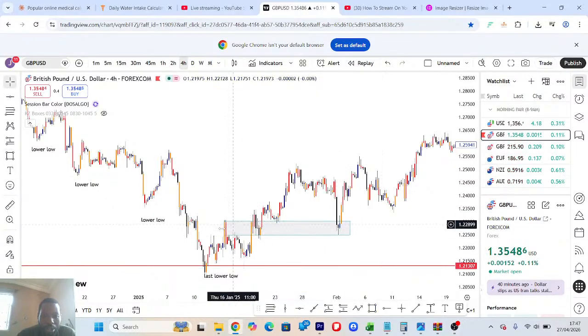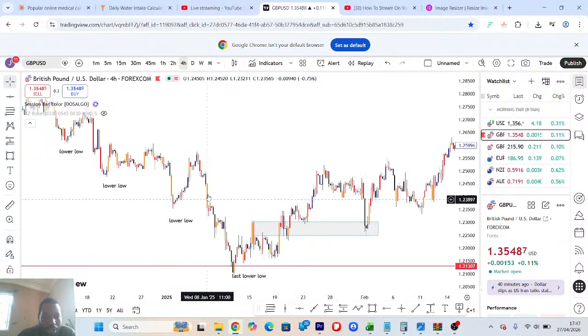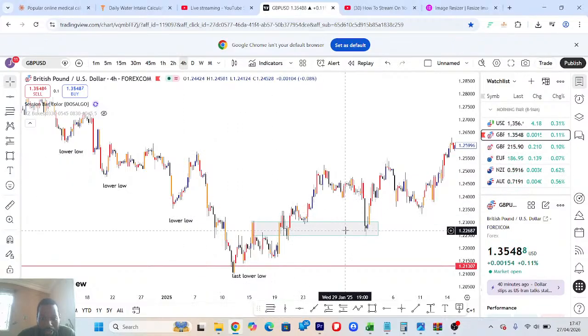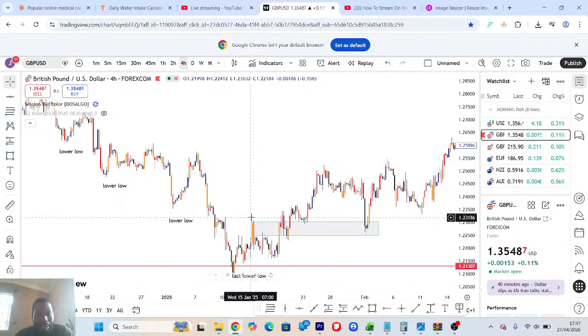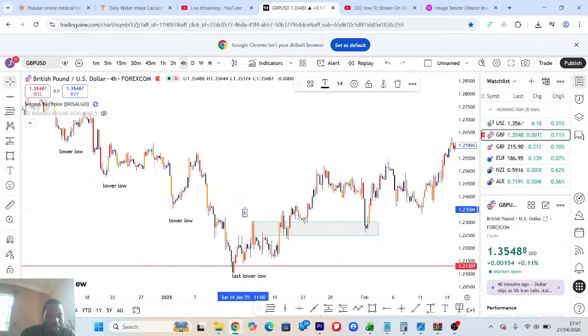So you can see that after market broke this level, there's a lower low, lower high, lower low, lower high, right? Anytime market breaks the last lower high, that is where you are going to put your point of interest.